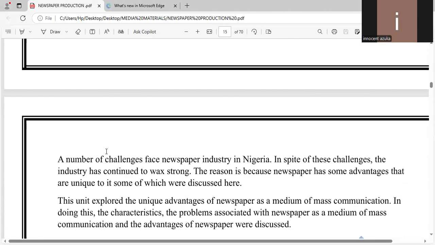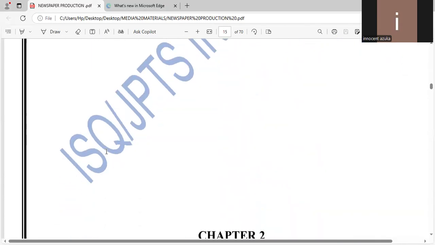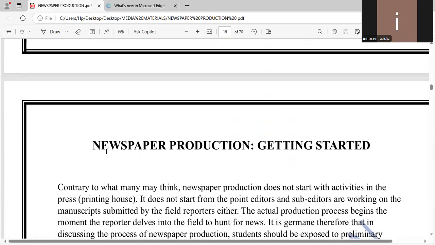So these are the advantages of newspaper as we have stated.